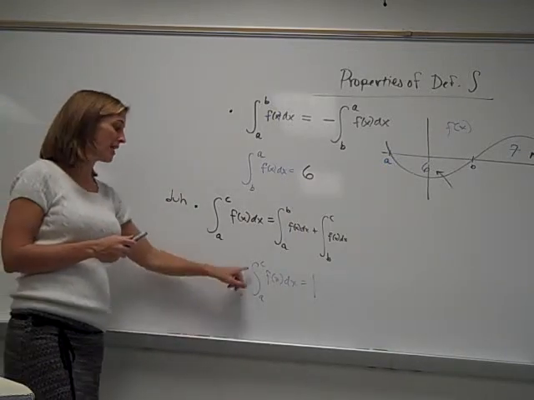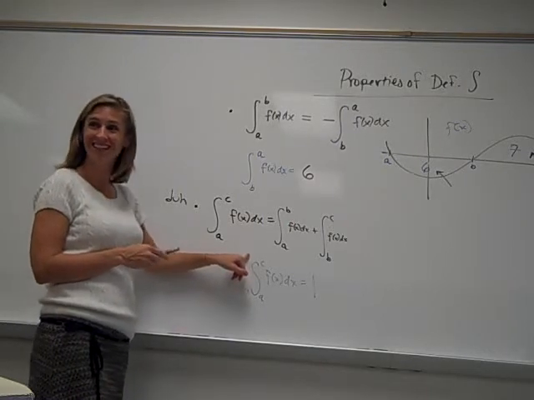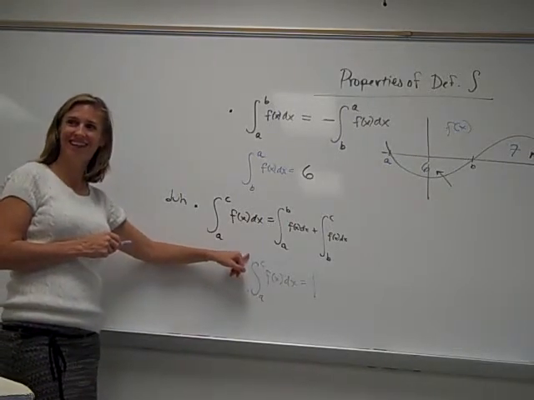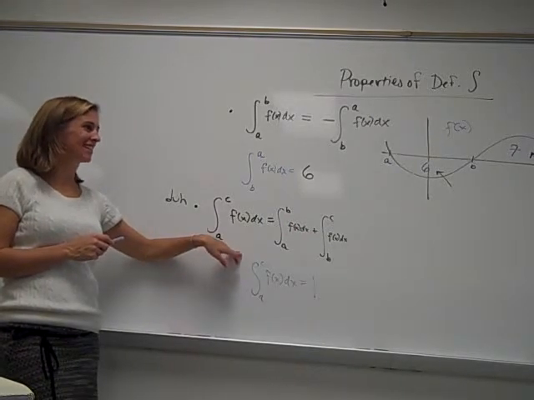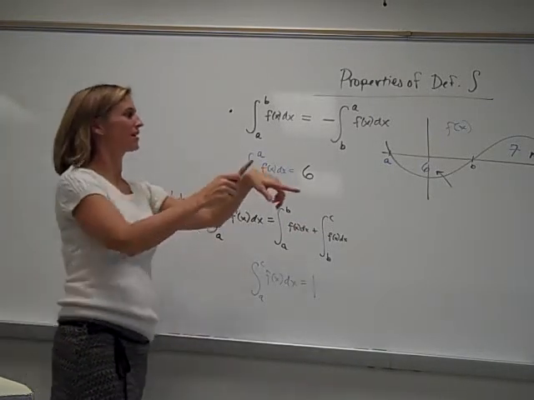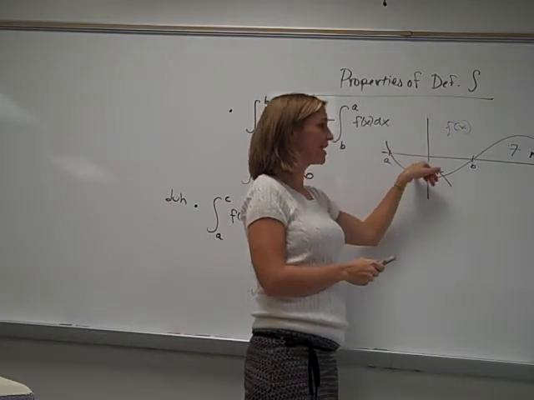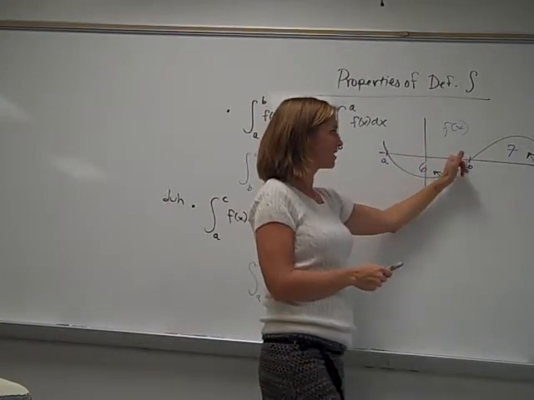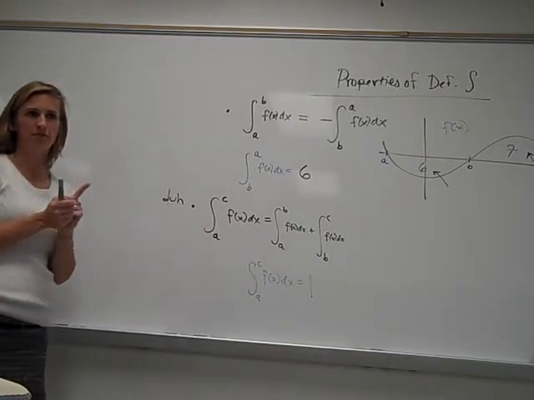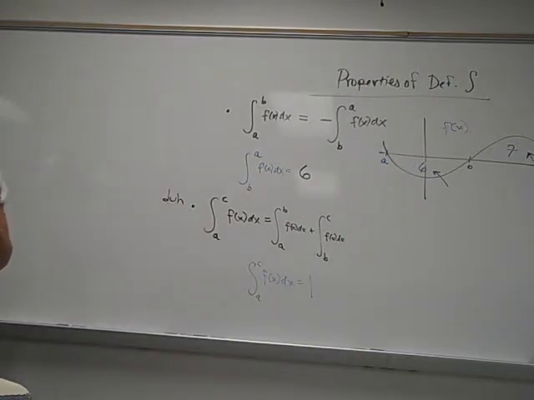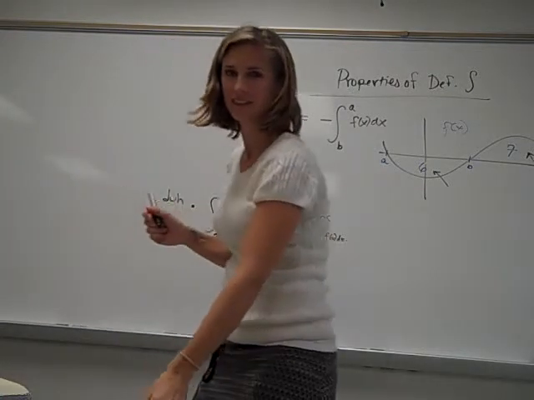So if I'm going to go from A to C, I'm going left to right. So this much is actually negative 6 because it's below the axis. This much is 7 because it's above. Put that net change together and I get 1. Okay? Maybe it's not so duh after all.